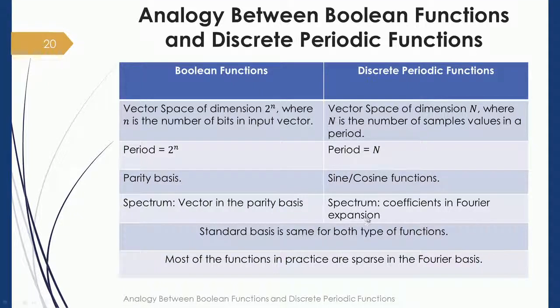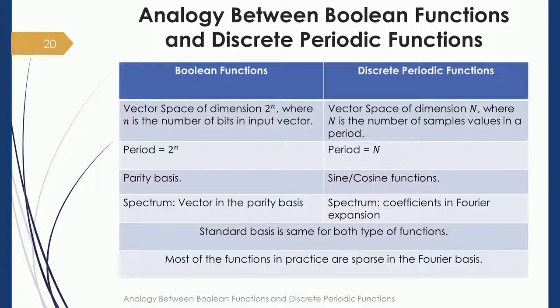And both of these have the same standard basis. For example, in the Boolean functions, for each of the 2 power n inputs, the evaluation of the function at those inputs will be the representation of the vector in the standard basis.